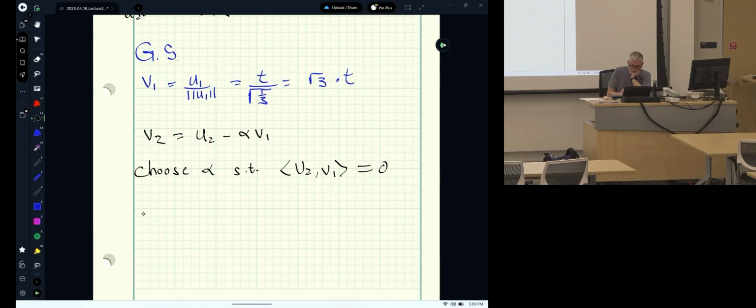So see if you can write down the integral, and all I'm going to do is put them in here. So it's t squared minus alpha times v1, and v1 was square root of 3 over 2.